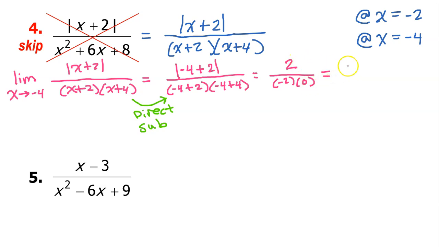So we're ending up with 2 over 0. This is not the indeterminate case. If we get 0 over 0, we have to use other strategies. But if we get 2 over 0, this means that the limit does not exist. That tells us that the discontinuity at -4 is not removable. It's non-removable.